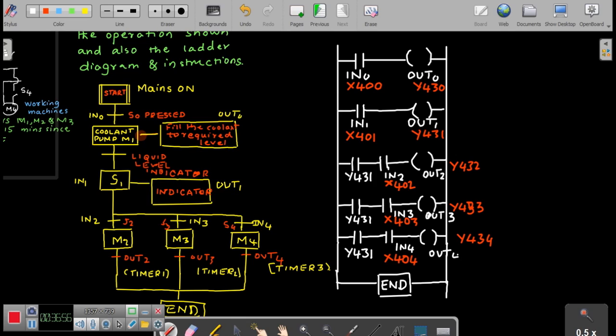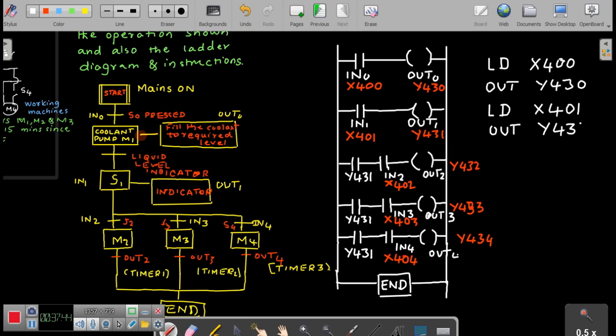So the first rung is LD X400, followed by out Y430, then again LD X401, out Y431.